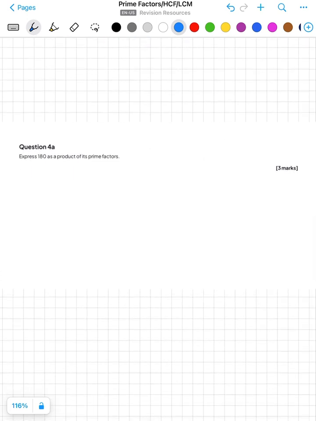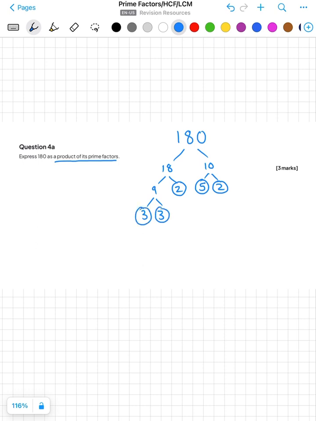So next is a question that says express 180 as a product of its prime factors. So we use our prime factor tree. We go through the factors, that's 18 times 10. You can pick any factors that multiply to give 180, neither of which are prime, so we go through again, circle any primes, and we keep going until we're only left with prime numbers.